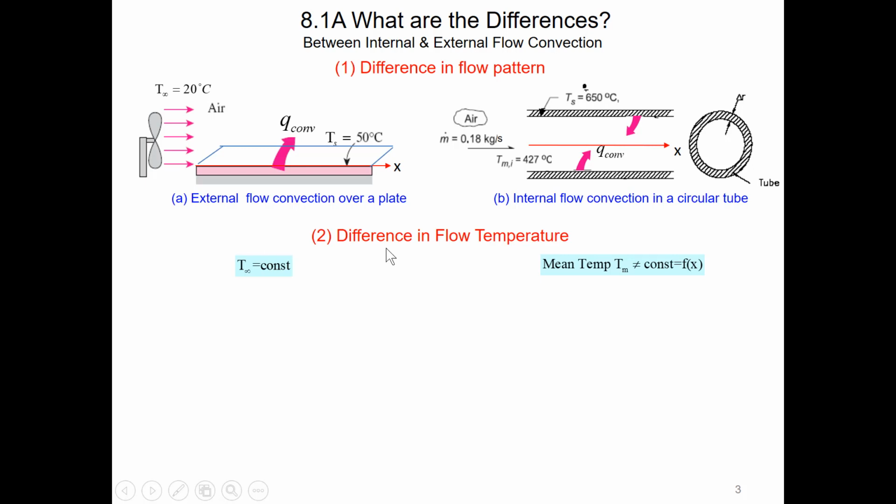The second difference is that the external flow temperature T infinity is constant and it is a fixed value. However, in the internal flow, temperature Tm is not a constant and it changes from the temperature at the inlet to the temperature at the outlet of the tube.